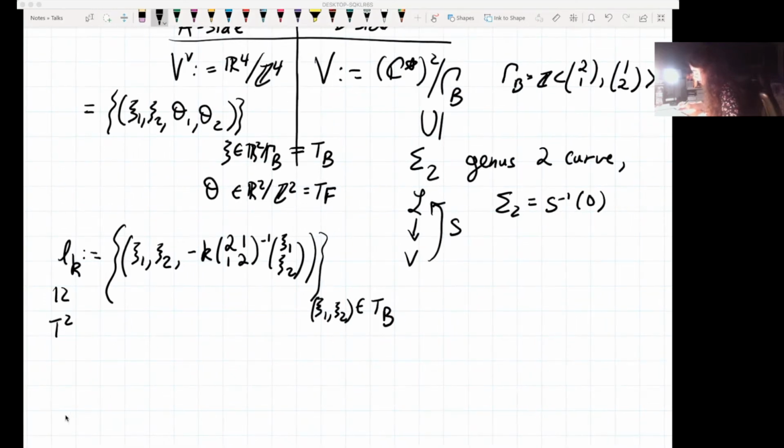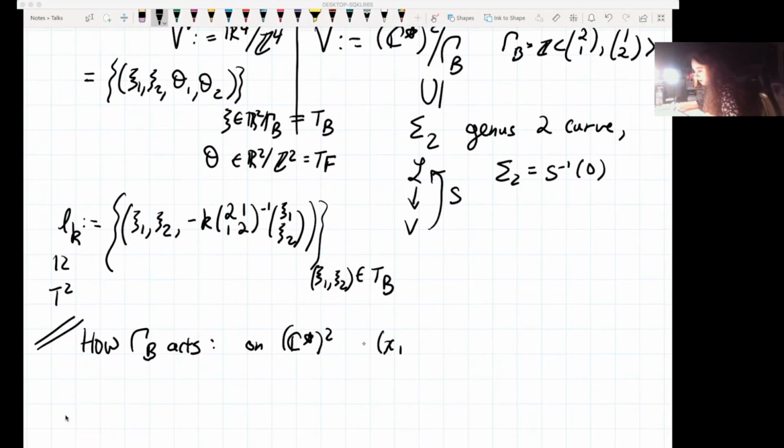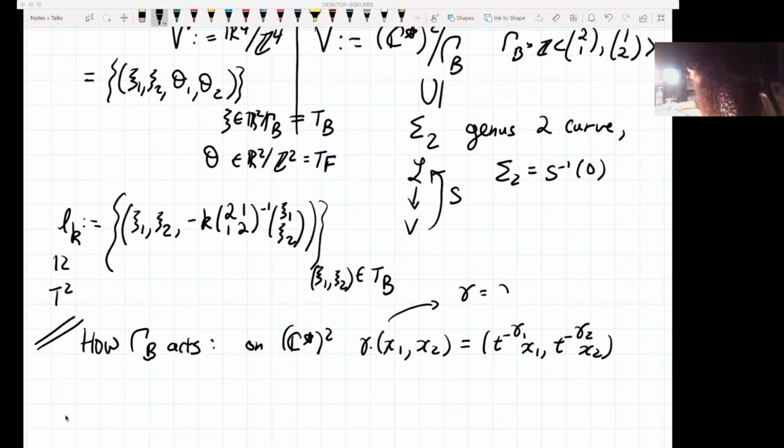Definition of this group, the on X1 gamma 1 times 1, 0, 1.